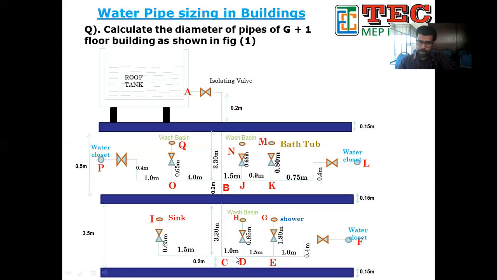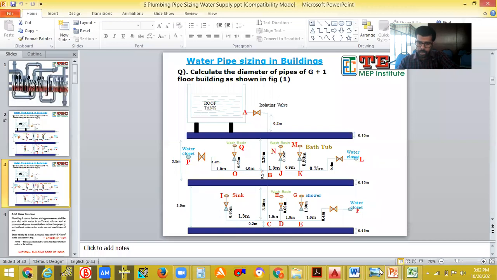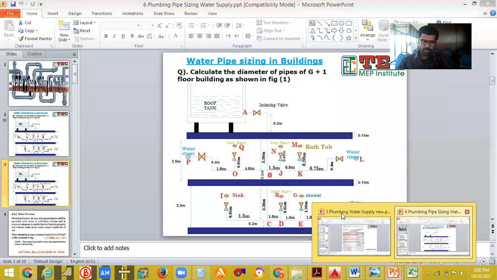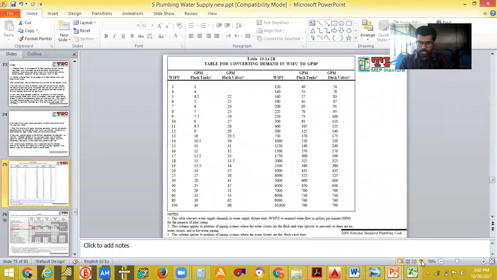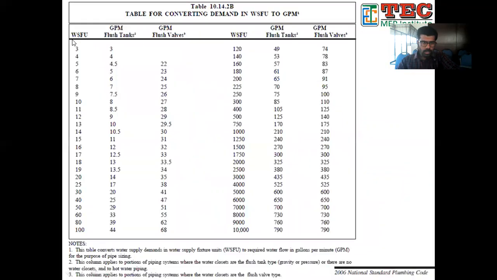In order to find the pipe size with respect to 5.5, we have to find the GPM, correct? 5.5 is the fixture unit I got, so I can take 6, correct? For 6, what is my GPM? It is 5.